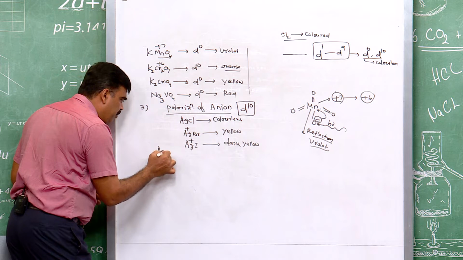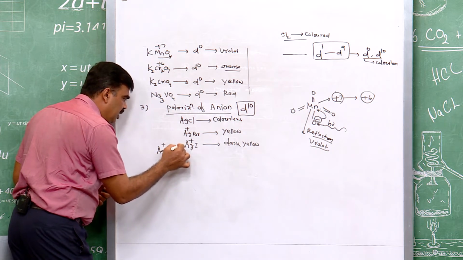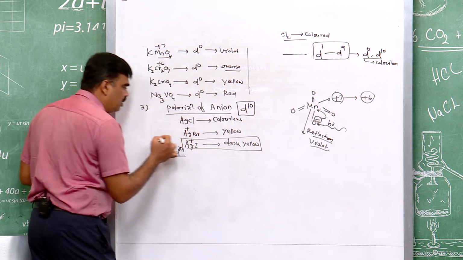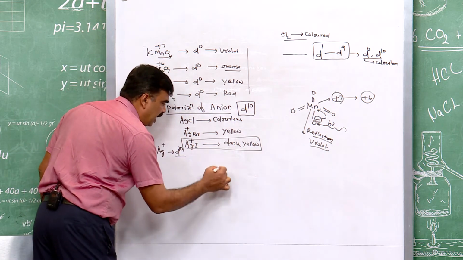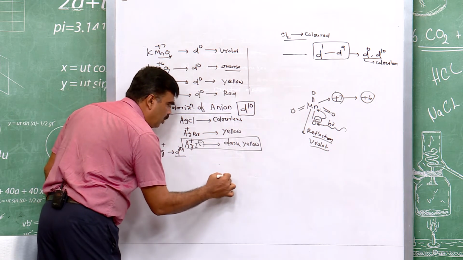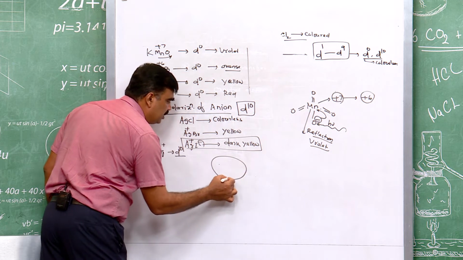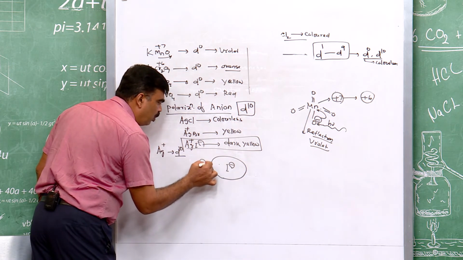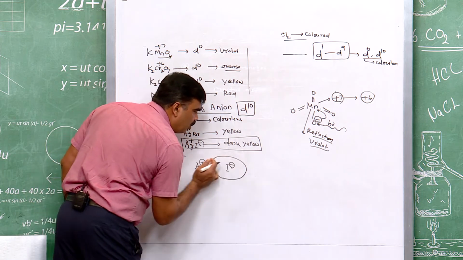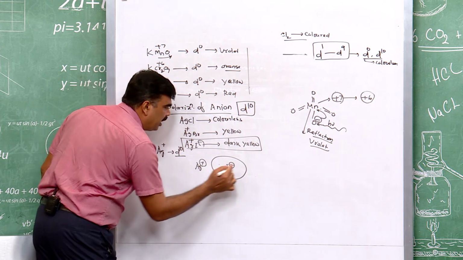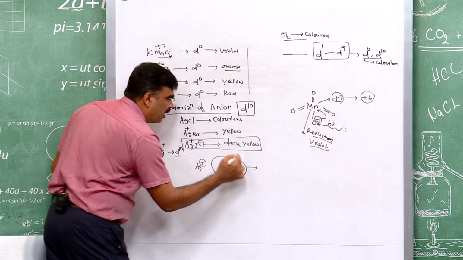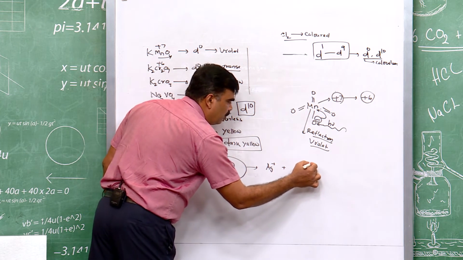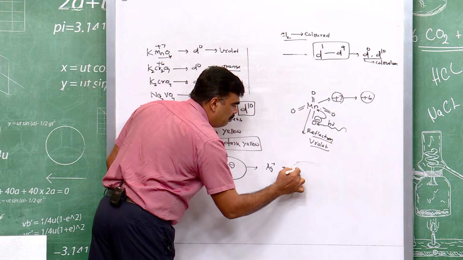So Ag plus has a d10 configuration, but it looks yellow. Why? Because the iodide ion I minus has a larger size, and Ag plus polarizes the electron cloud of the anion.